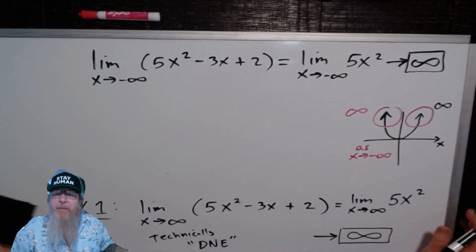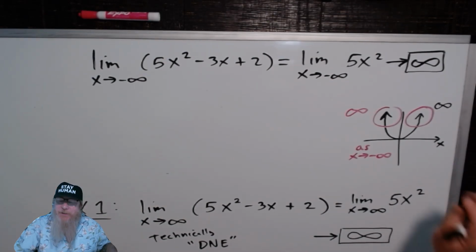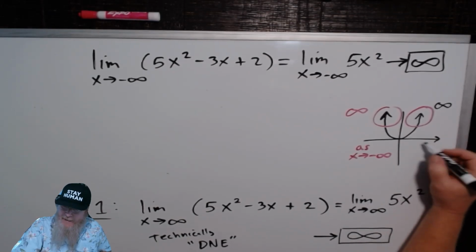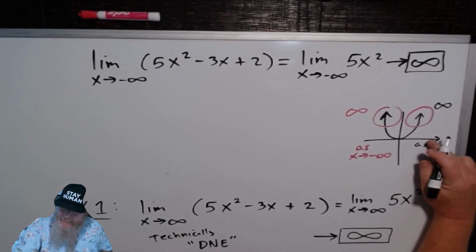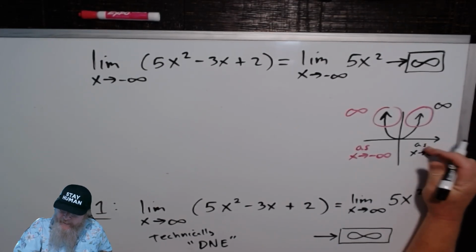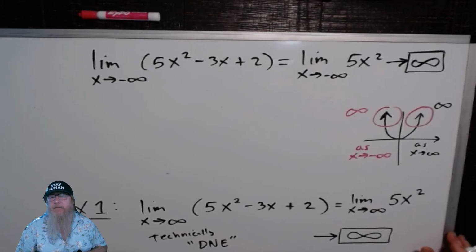I mean, you can plug in a million, and say a million squared. You can plug in a billion, but you can't actually plug in infinity. You'll never actually get there. So the right-hand side is as x approaches positive infinity, and the left-hand side is as x approaches negative infinity.